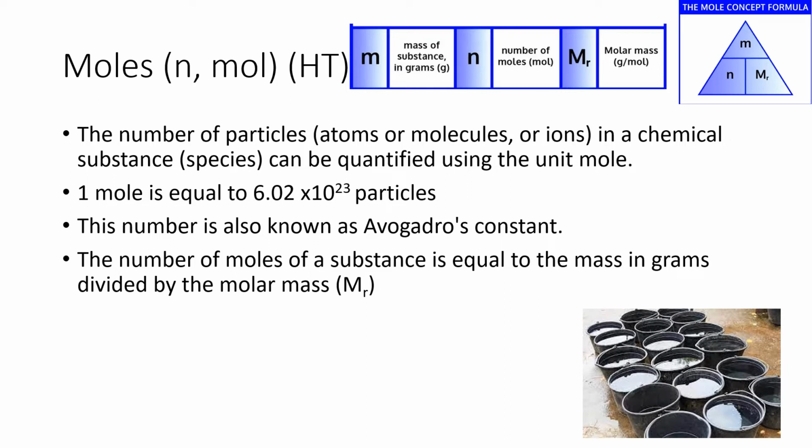And you can use the triangle on the screen or the equation. Moles is equal to the mass in grams divided by the molar mass, and you can work out the number of moles. And because you know what Avogadro's constant is, you can work out the actual number of atoms or molecules or ions that you are trying to calculate.